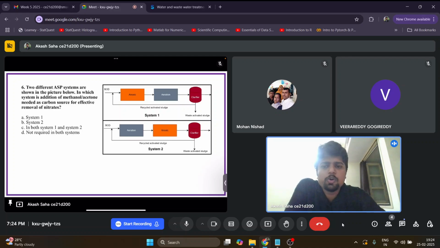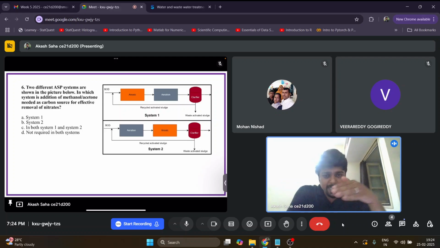So in system 2, you can see that the BOD or the organic carbon in the wastewater is directly going into aeration. While we are doing aeration, all this BOD, COD, whatever is there, all the organic carbon will get mineralized into CO2 and H2O or taken up by the microorganisms.